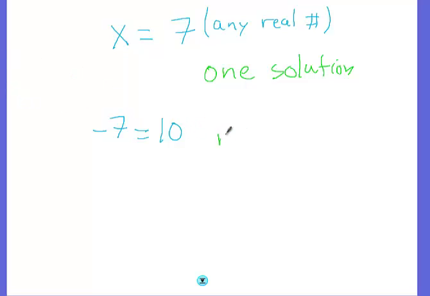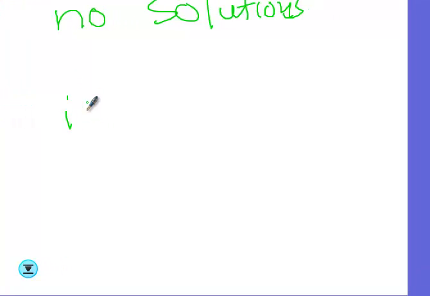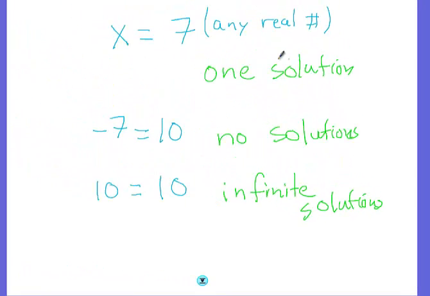So your answer for that is no solutions, at least no real solutions. Okay. Then the third option is when you get one side of your equation to exactly equal the other side of the equation. Therefore, that is infinite solutions. Okay. These are your three possible ways, or three possible solutions for an equation. You can have one solution, no solution, infinite solutions.